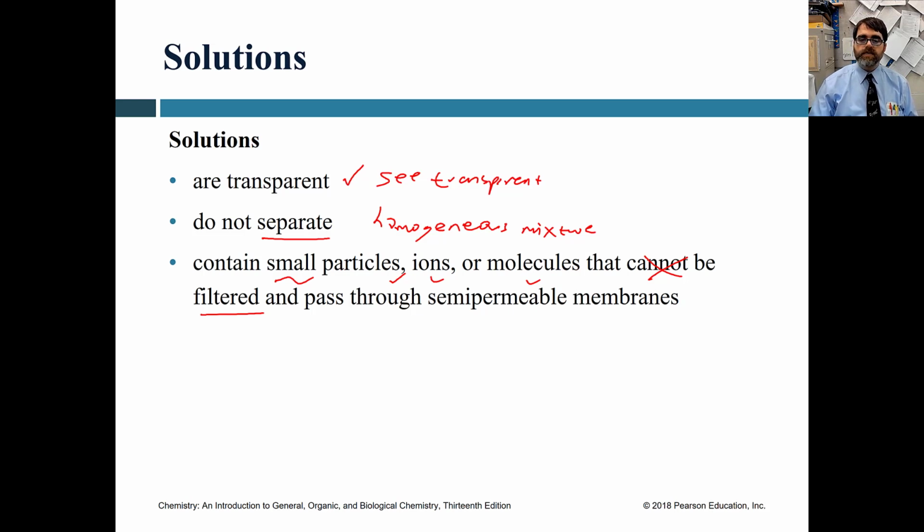And they can even pass through semi-permeable membranes, basically things that will allow some things to pass through. A coffee filter is a great example of a semi-permeable membrane. It lets some things permeate it, that is, pass through it, but stops other things from passing through it. That's what filter paper does.